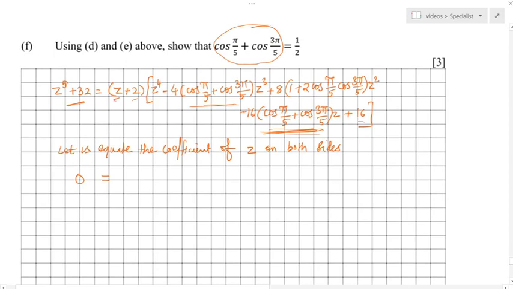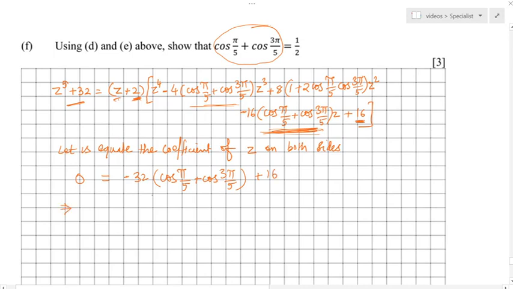Both of them will give me a z. So the first z term, I multiply this with the 2 here, so that becomes minus 32 times cos pi over 5 plus cos 3 pi over 5. That's one z term I get by multiplying this with this. The other z term I get when I multiply this 16 with this z. So that will give me plus 16.